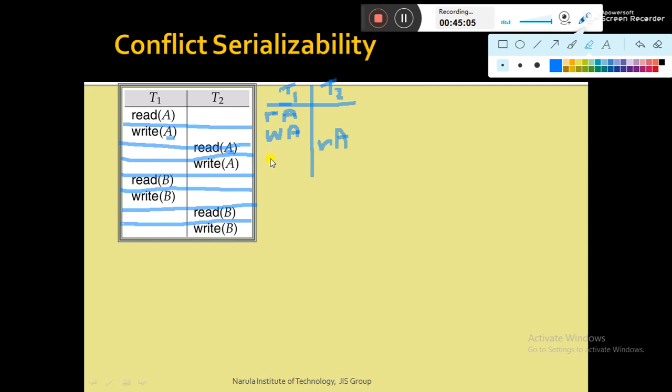So here we can write read B, and in that time slot write A will come, next it will remain the same, write B will remain the same, and these two also will remain the same, read B and write B.